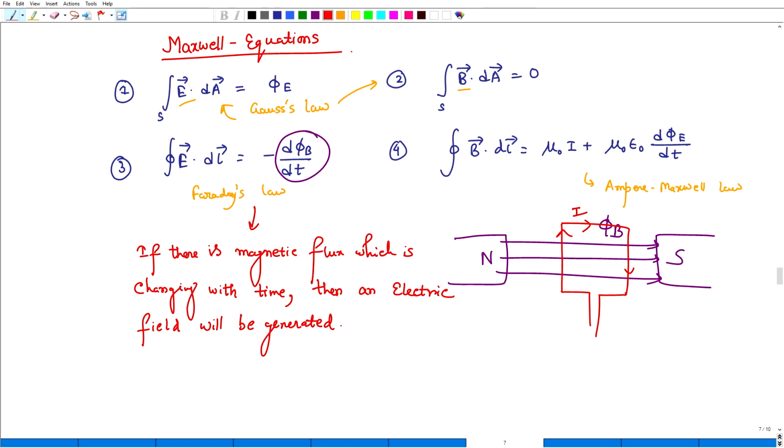Okay, this is the impact of Faraday's law.